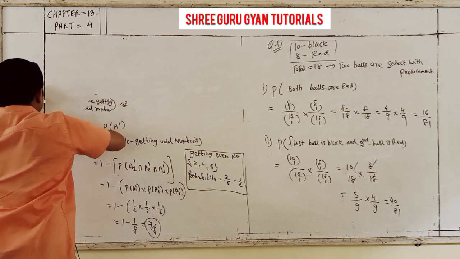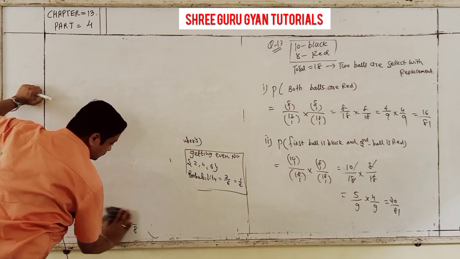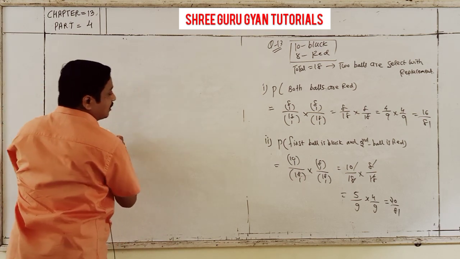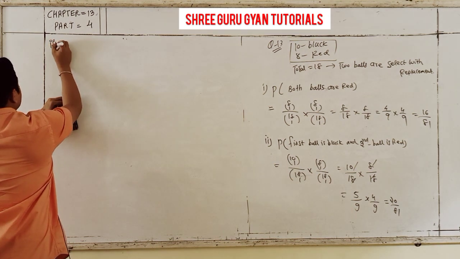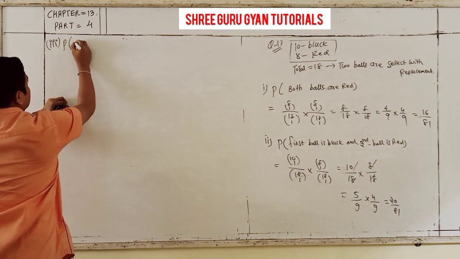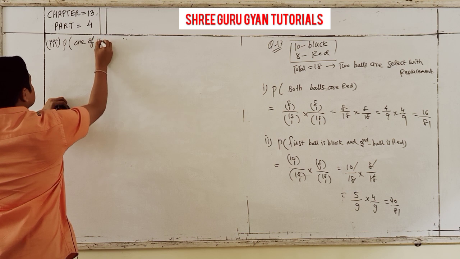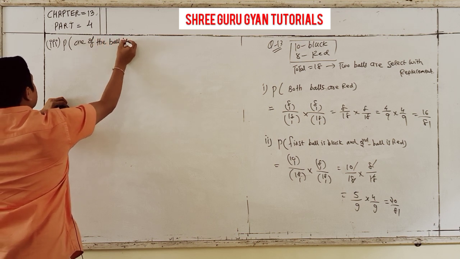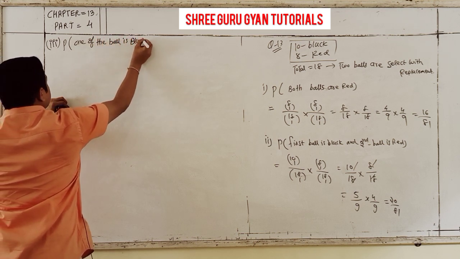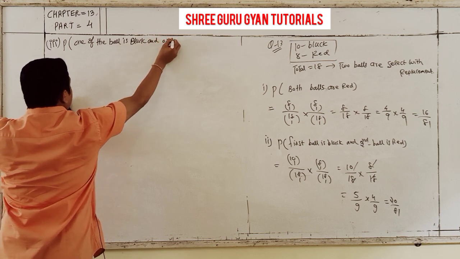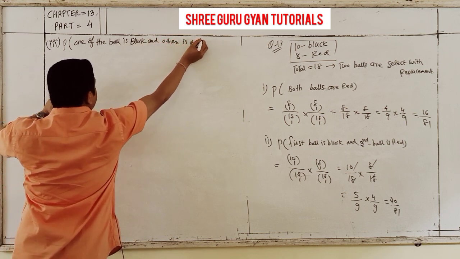And students, one more question, number 3, is an IMP, because it is one of the logical questions. Only logic, apply that in the third one. Probability that one of the balls is black and the other is red.